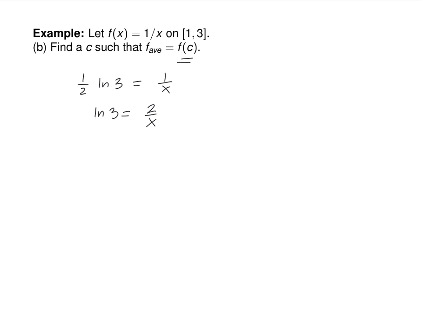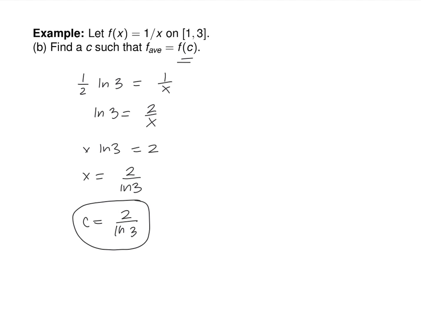Then I'm going to multiply the x over, and I have x ln of 3 equals 2. So x would equal 2 over ln of 3, or you could say that c is 2 over ln of 3.